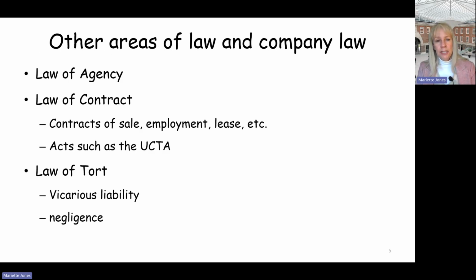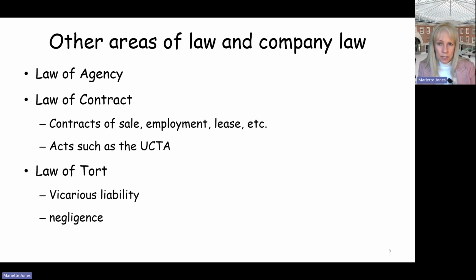There are certain areas of law that you have to be very well versed in to be a good company lawyer. The law of agency, as we've already mentioned, is very important, but so is the law of obligations, broadly speaking, which is made up of the law of contract and the law of tort. The law of contract is obviously important because that's the way in which a company runs a business.